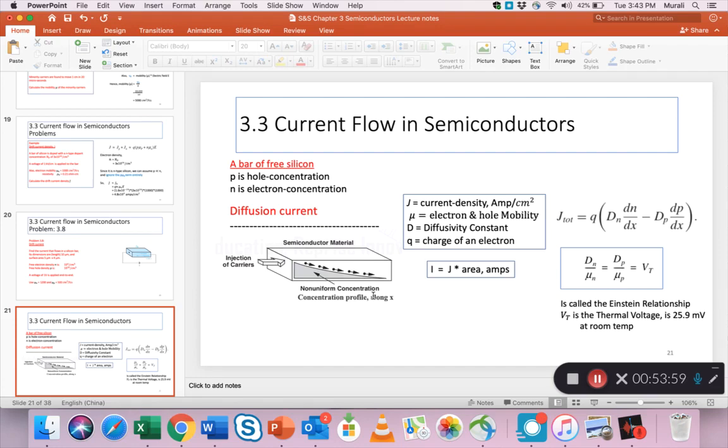So depending on all this, obviously your currents will have different values because all these densities are different, and these electron and hole mobilities also determine how much current flows.